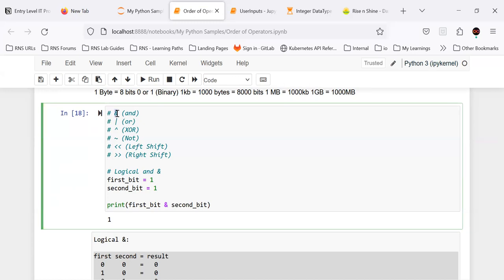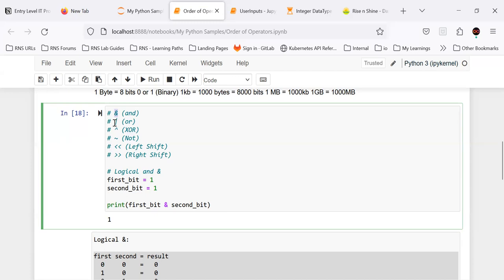In which context is that one? Yes, both are 1, then that is 1, remaining all the cases 0. Simple.